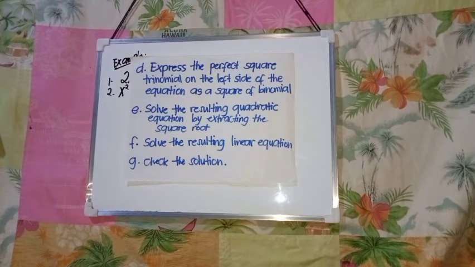We also have a tutorial about solving quadratic equations by extracting the root, so you can also watch our video to understand this. Then solve the resulting linear equation, then do the checking.